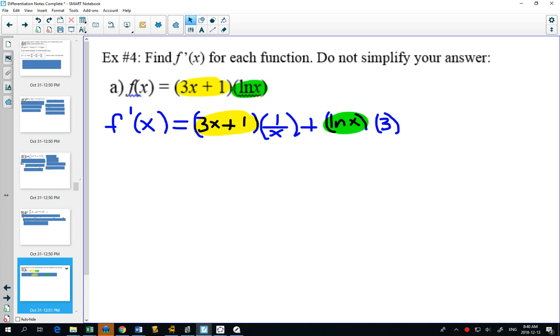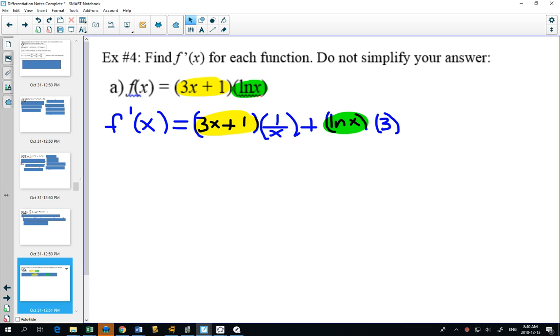So we just do this one step of doing the product rule, and we'd leave our answer like this. I mean, you could distribute the 1 over x and get 3 plus 1 over x if you'd like, but you wouldn't need to. Often in an answer key in the textbook, they do have it simplified. So you might have to change it after that if you're checking your answers. But for the most part, this is all you need to do.